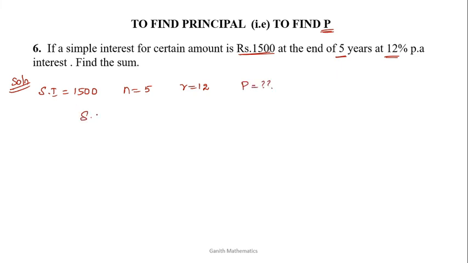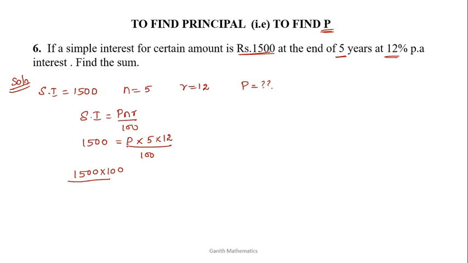The formula for simple interest is PNR by 100. Simple interest is 1500. P into your N is 5 and your R is 12 divided by 100. When this 100 goes to the other side, it will be in multiplication. 1500 into 100 divided by 5 into 12.